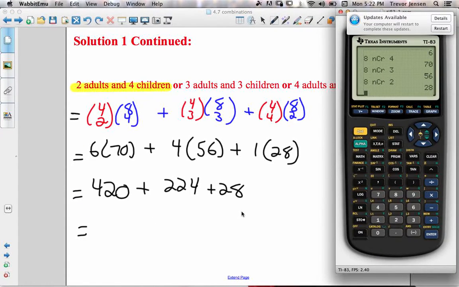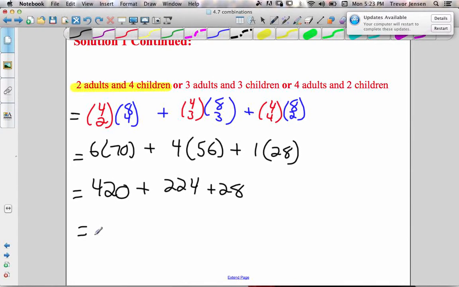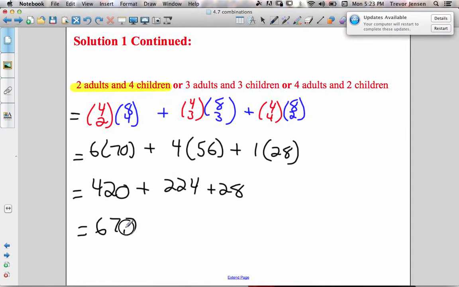And lastly, we have 420 plus 224 plus 28, 672 different groups of 6 that contain at least 2 adults. Okay, so that's one possible way you could have got to the solution.